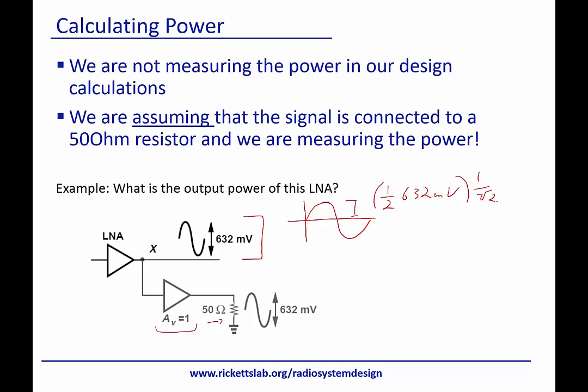And the power is simply equal to V squared RMS divided by R. So I'm going to square this, and I'm going to end up with 1/8, because I get a 2 from this and a 4 from this, times 632 squared divided by 50. If you calculate that out, that's 998 milliwatts.